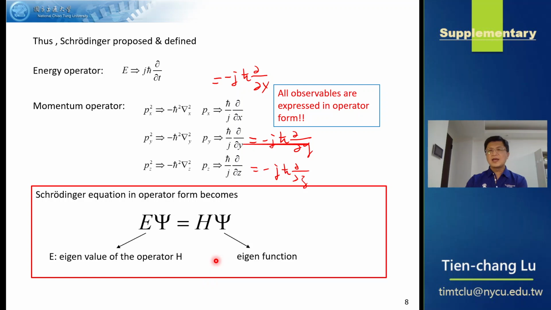If we consider this like a matrix, H can be regarded as an n by n matrix.